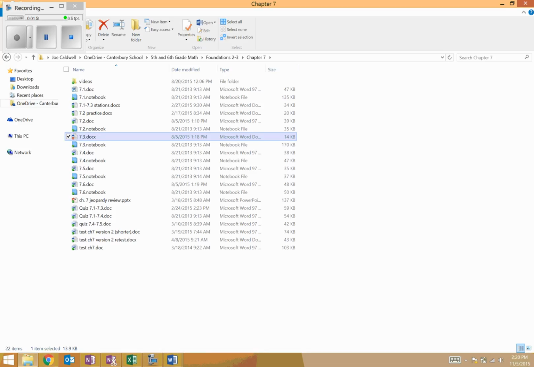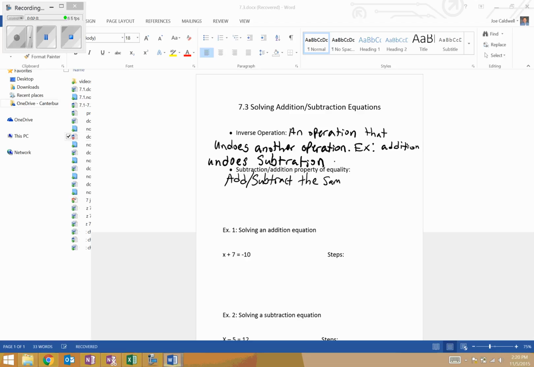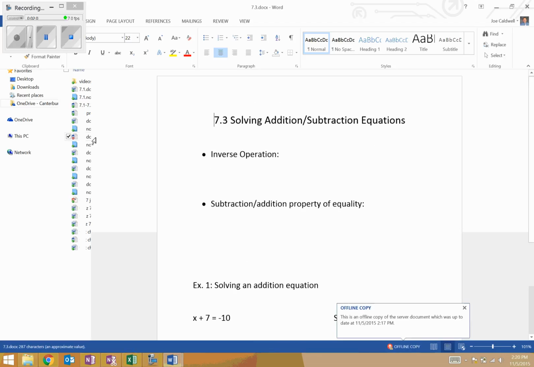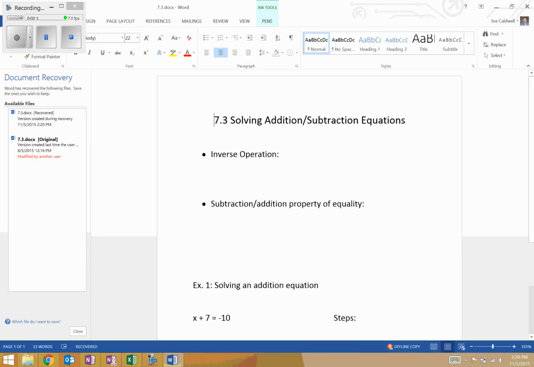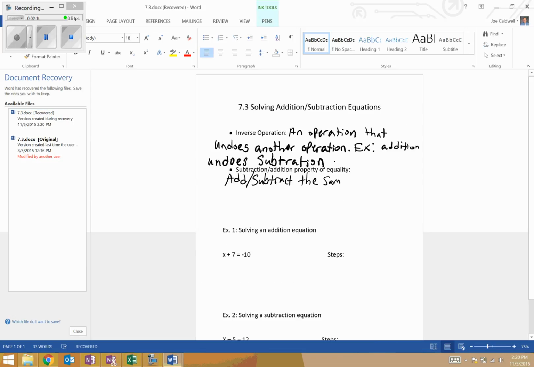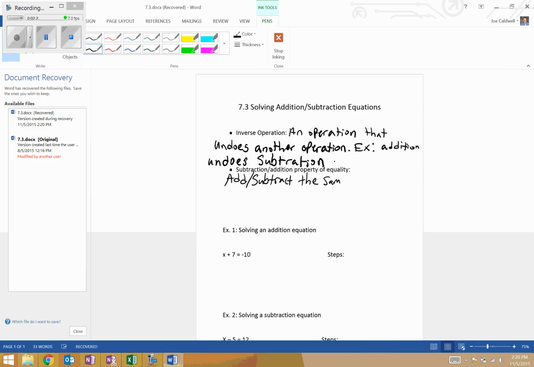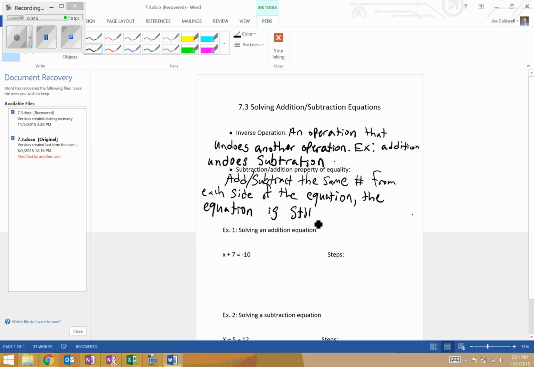If I add or subtract the same number from each side of the equation, the equation is still equal.